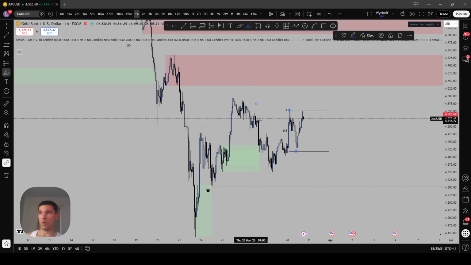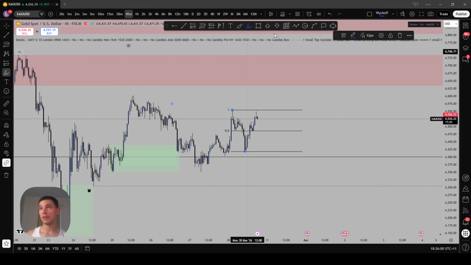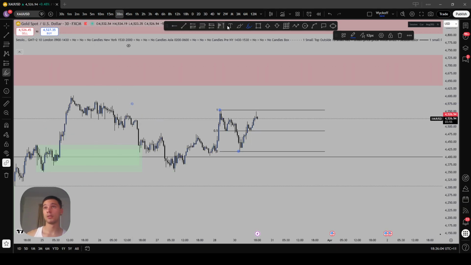We've obviously grabbed all the supply that was in here. Yeah, but the only thing that I can see is quite a bit of liquidity up here, which may or may not get grabbed.